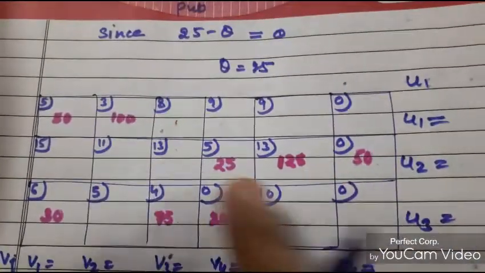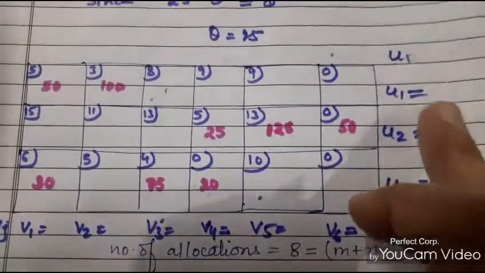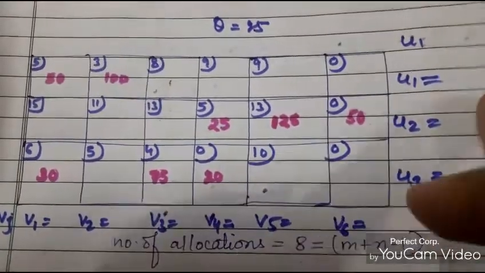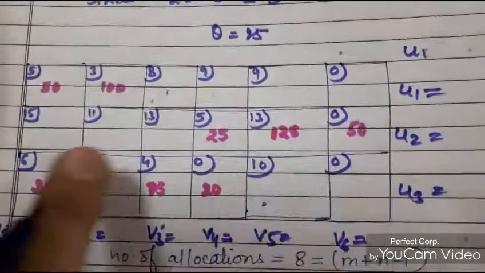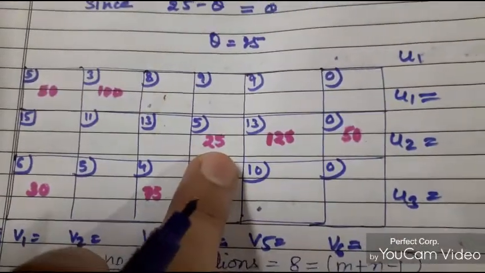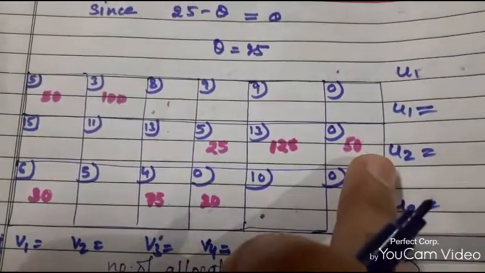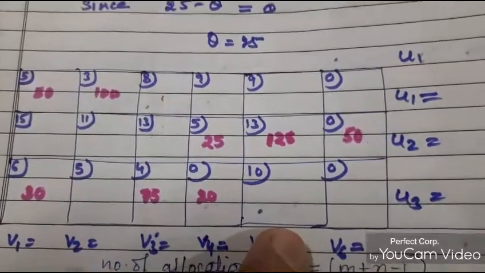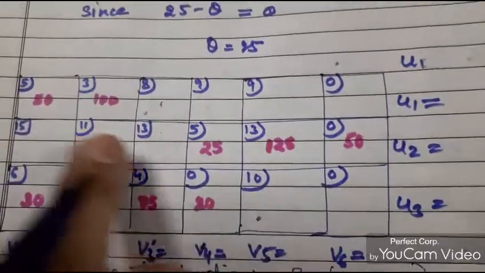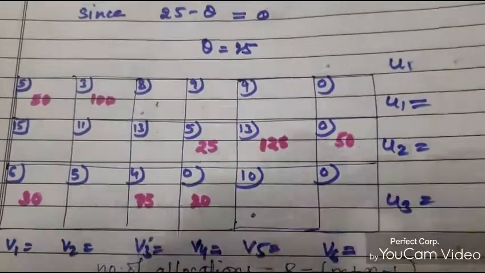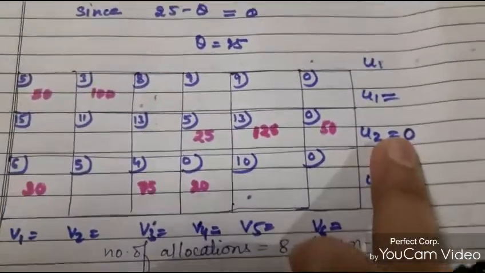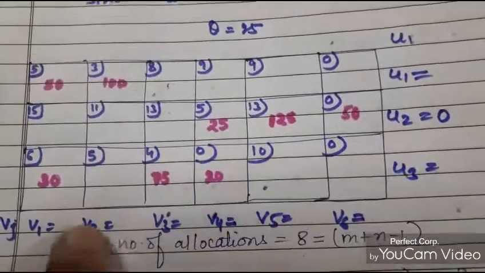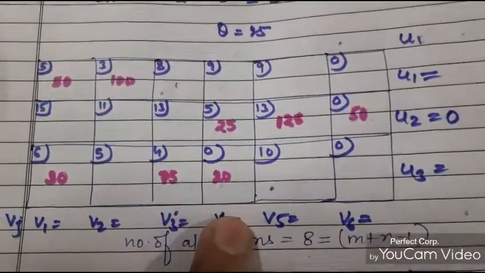Now we have to choose the value of u2 or v3, which can be taken as 0. On comparison, the maximum number of allocations are in the second row and third row. So we can choose either the second row or the third row. So let's start by taking u2 equals 0.